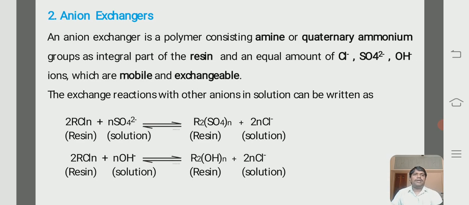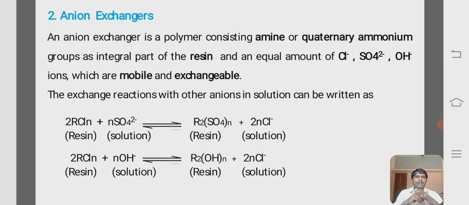Coming to the next type, anion exchangers. An anion exchanger is a polymer consisting of amine or quaternary ammonium groups. This is one important point in this anion exchanger.